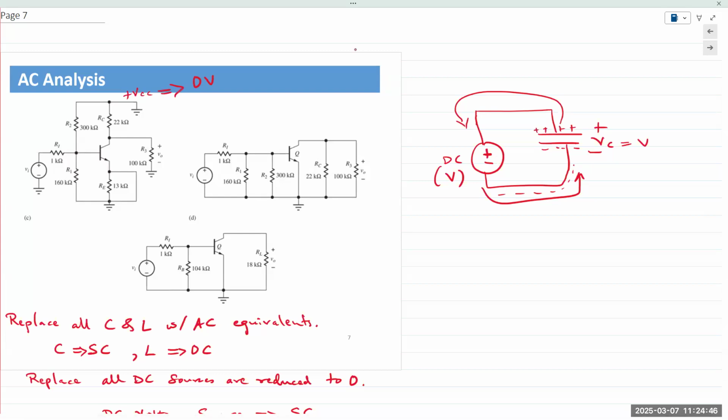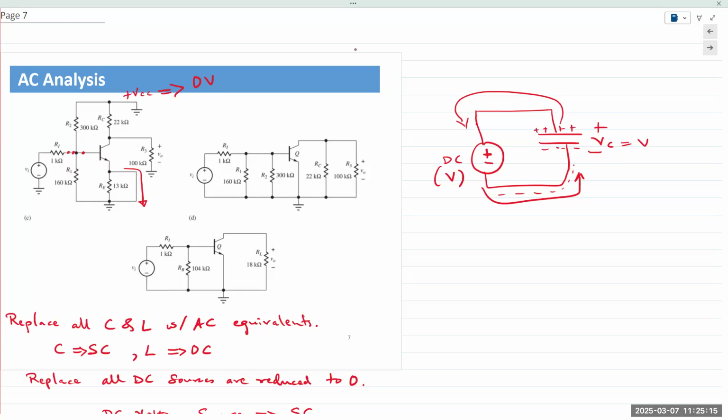The capacitor behaves like a short, so it bypasses the emitter resistor. The coupling capacitor behaves like a short circuit, and so it connects the AC input signal going into the base. So far, so good.